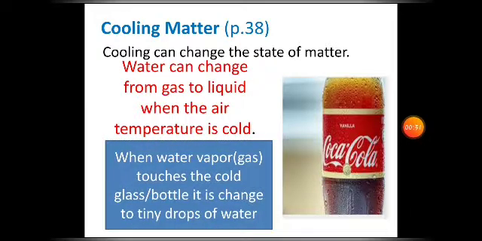So what is the gaseous form of the water? We call it water vapor. When water vapor touches the cold glass or bottle, it is changed into tiny drops of water, which is in liquid form. So therefore, the result here of cooling is a change from gas to liquid. Did you understand? Very good.